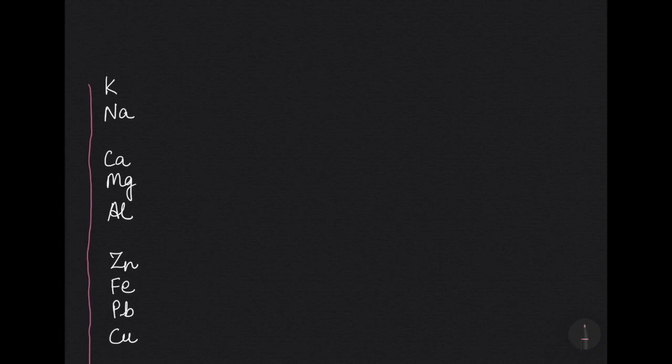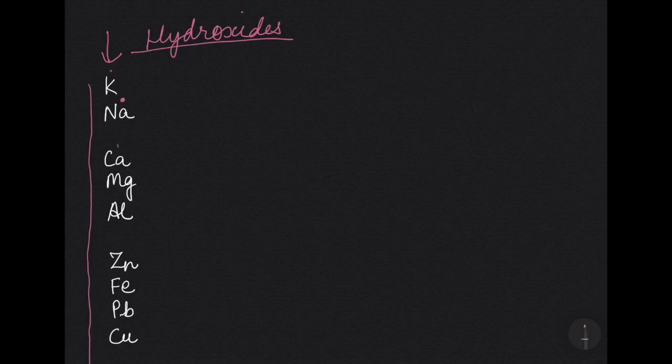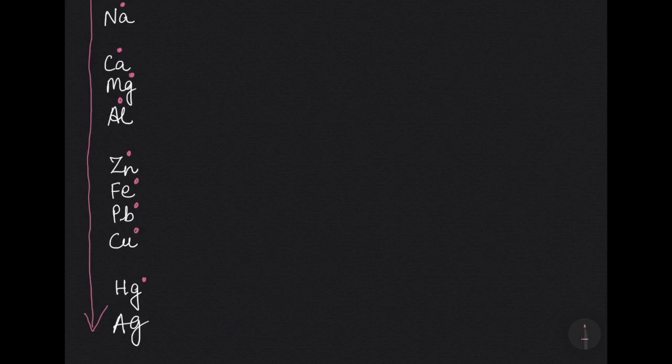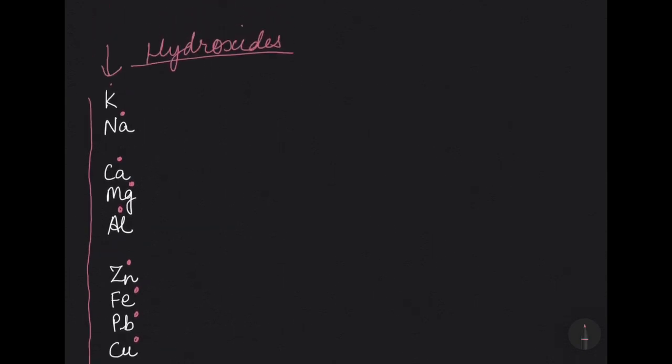So when we talk about thermal decomposition of metal hydroxides, what are we talking about? We are talking about the hydroxides of these metals, that is potassium hydroxide, sodium hydroxide, calcium hydroxide, magnesium hydroxide, aluminum hydroxide, zinc hydroxide, iron hydroxide, lead hydroxide, copper hydroxide, mercuric hydroxide, silver hydroxide.